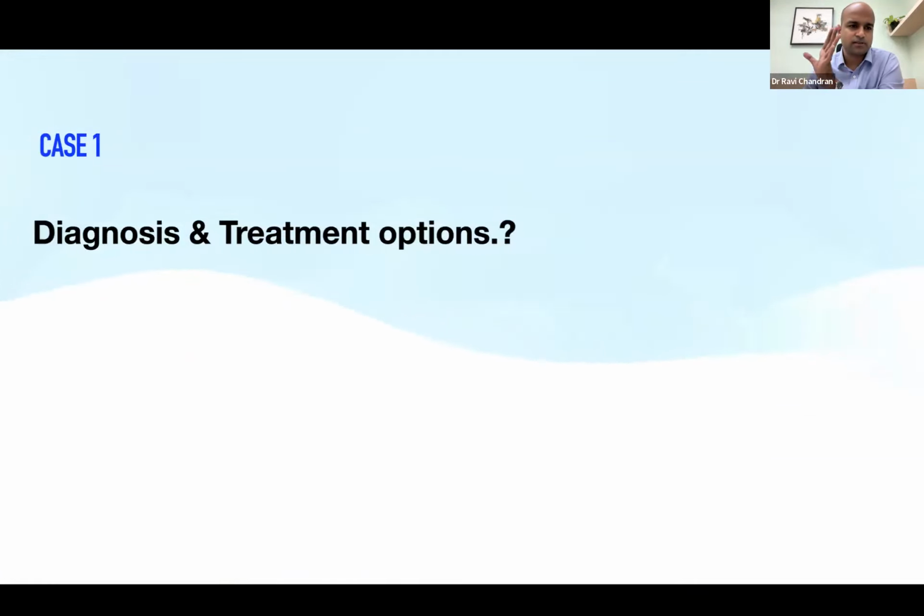So this is what we have so far: imaging is not showing any metastasis, testosterone is at castration level, and his PSA doubling time is less than 10 months. Dr. Gopal, what do you think would be the diagnosis, and what are your treatment options for this patient? Since his PSA is rising, he is maintaining the castrate level, and on imaging there is no metastasis noted, I would like to diagnose him as non-metastatic CRPC, sir.